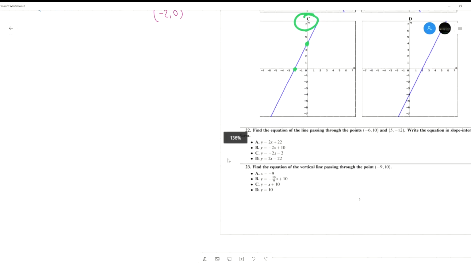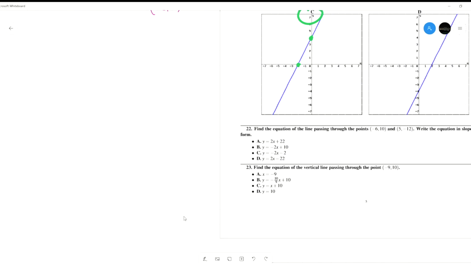All right, let's look at 22. It says find the equation of the line that passes through (-6, 10) and (5, -12). So remember, m is slope, which is y2 minus y1 over x2 minus x1.